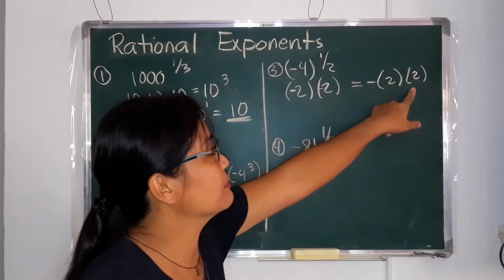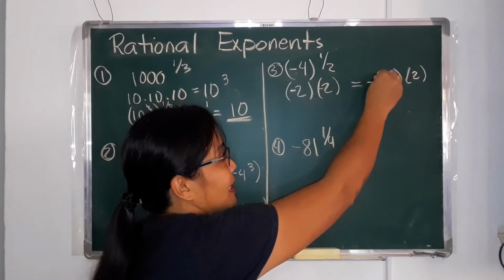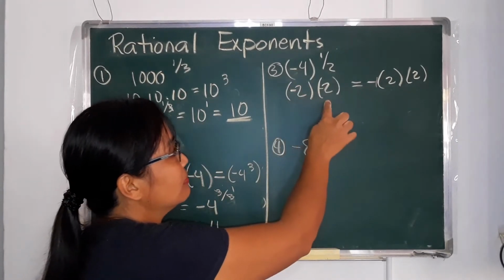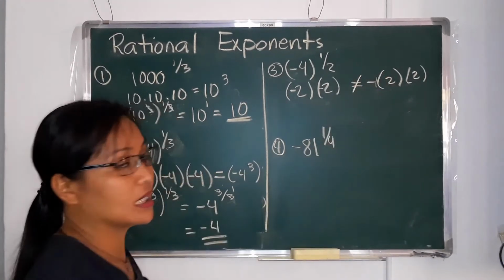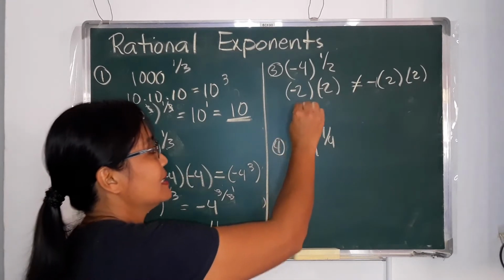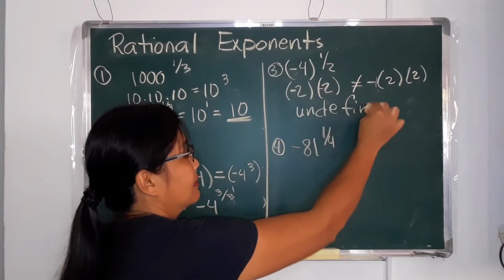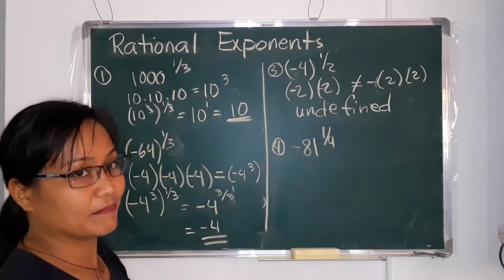Kasi, 2 times 2 is 4 times negative, may invisible na 1 dito sa labas, so naging negative 4. So, itong dalawa ay magkaiba. They are not equal. So, since they are not equal, then automatically this is undefined. Undefined siya, walang sagot. Hindi pwede.